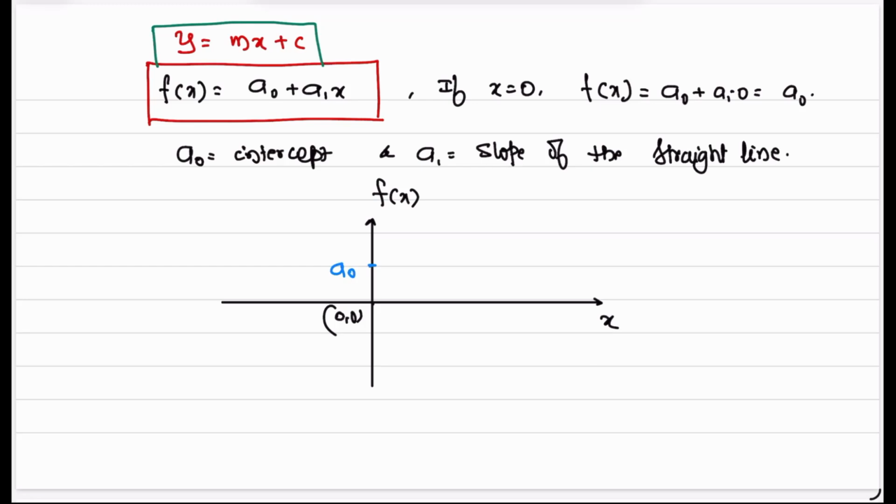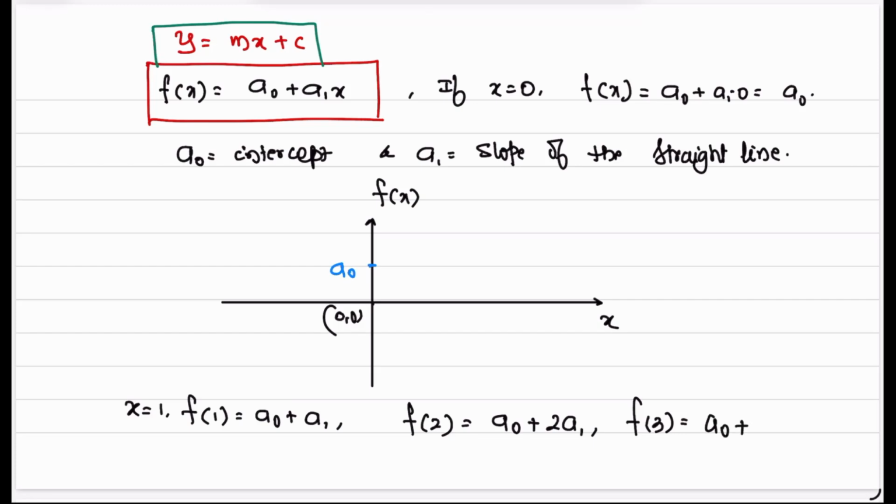And when x is equal to 1, f(1) is equal to a0 plus a1. When x is equal to 2, f(2) is equal to a0 plus 2a1. f(3) is equal to, we are putting x as 3, a0 plus 3a1.